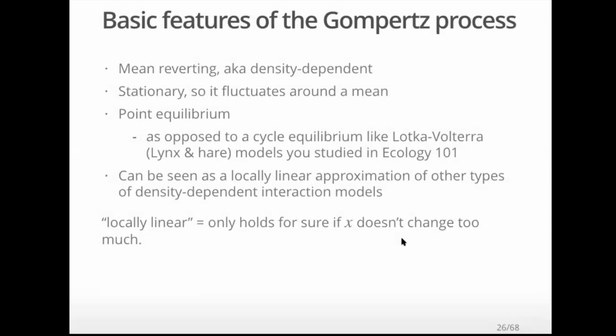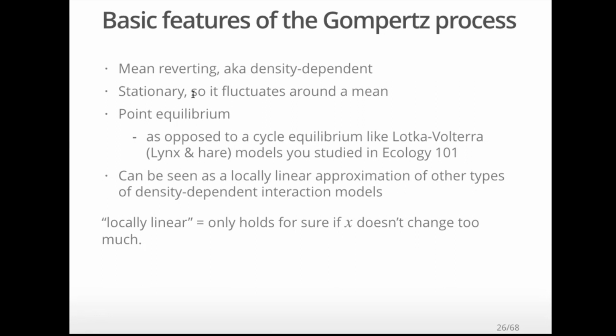All right, so basic features of this process, which is kind of different than some other processes for multi-species models. Like the Lotka-Volterra predator-prey model, that's really different. The Gompertz model is mean reverting, so it fluctuates around a level. It's stationary, so it doesn't blow up. It just has some set variance around that level.